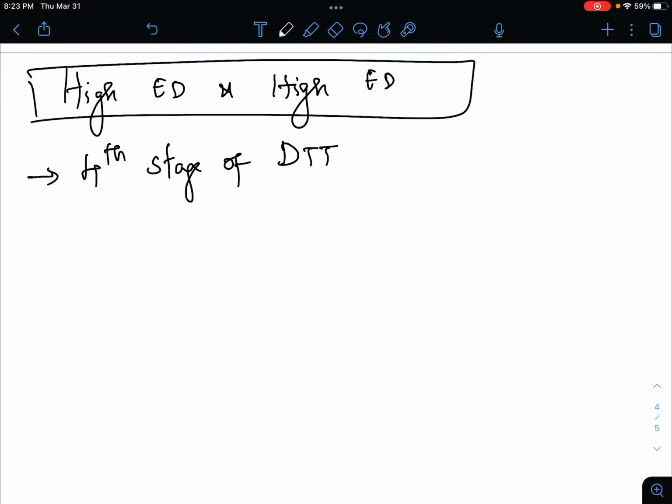In the demographic transition theory, they have attained the fourth stage, which has low population, which is stable. They have attained good socioeconomic development.